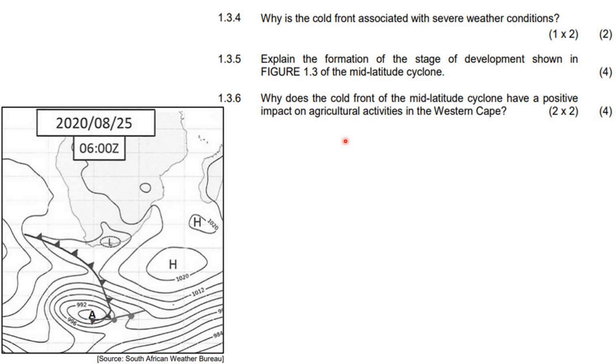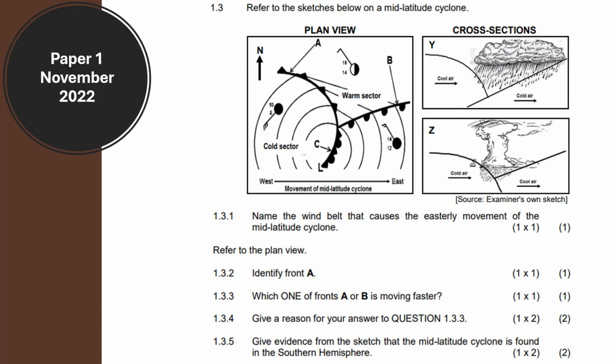Anything that is linked to some of the positive factors associated with the type of weather that the mid-latitude cyclone brings, and how farming can benefit from those.